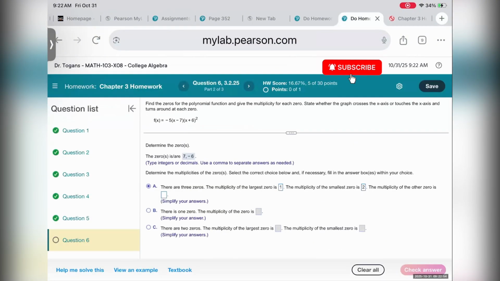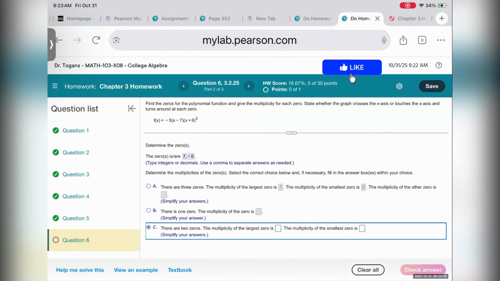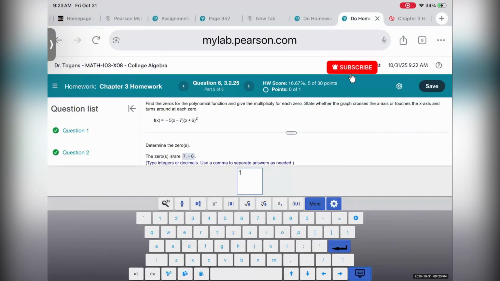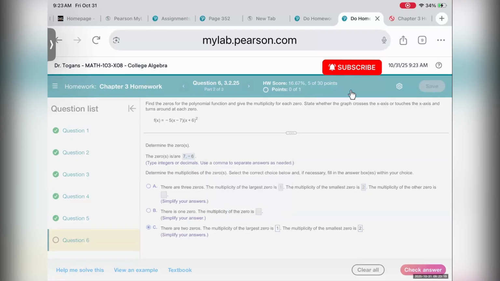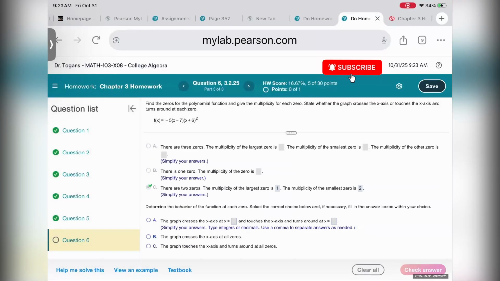I think that's the one you gotta select, the one that says there are 2 zeros. But see, the square is tricking me because the square is twice. Let's try. Yeah, the square was throwing me off.